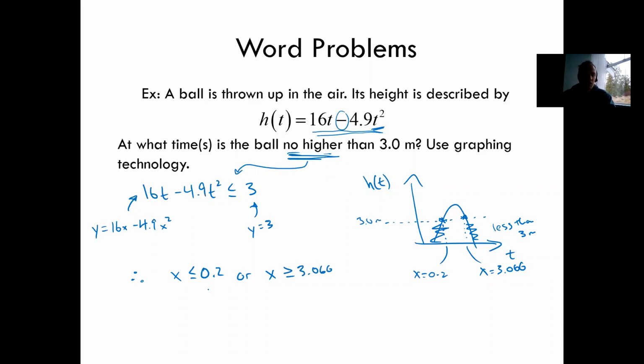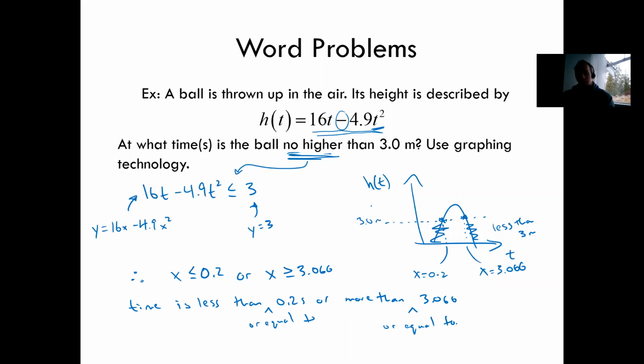I can therefore conclude that the time, because remember, we're talking about x, we got to talk about time because it's a word problem, is less than or equal to 0.2 seconds or more than or equal to 3.066. And again, I just realized I made a tiny little mistake. It's not less than, it's less than or equal to. Same thing here, more than or equal to.